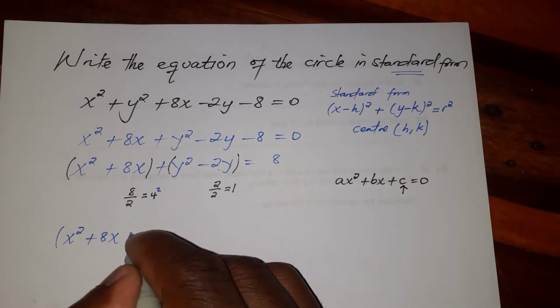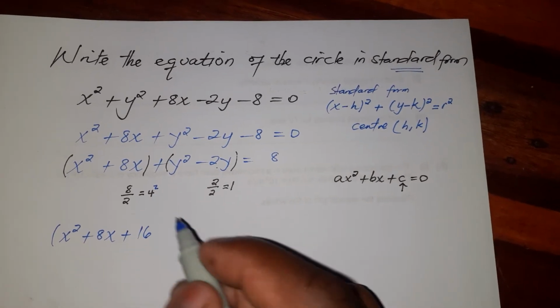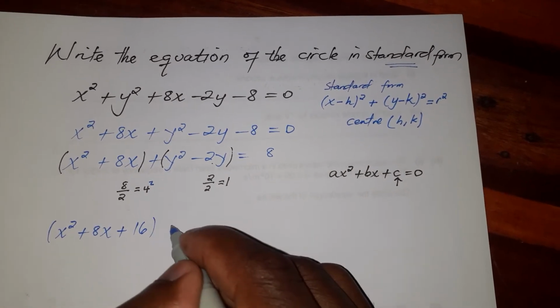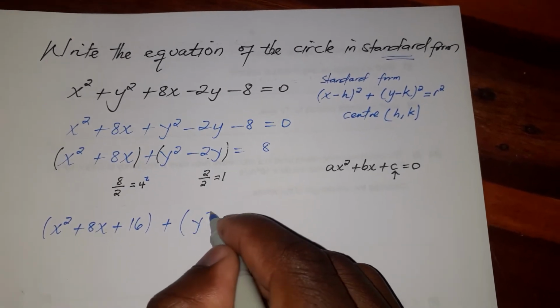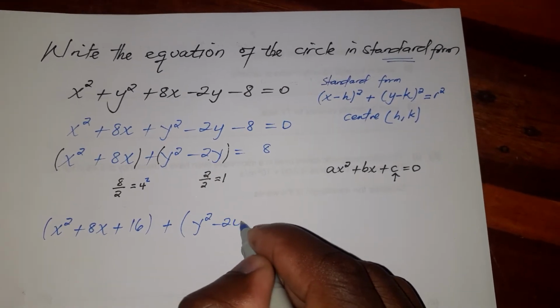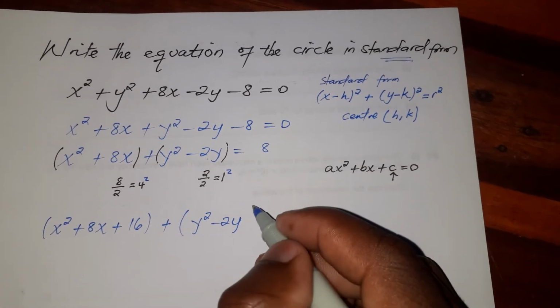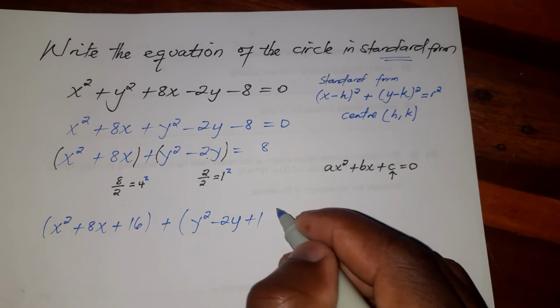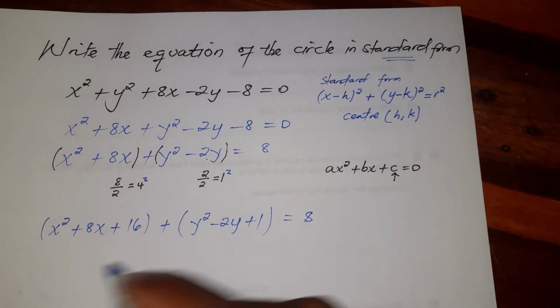Then we are going to get plus 16. 4 squared is 16. And then plus the other group, we're going to have y squared minus 2y. If we square 1, we just get 1, equals to positive 8.